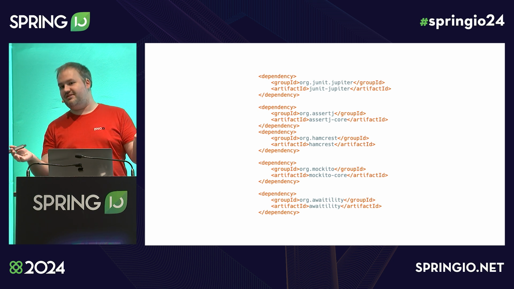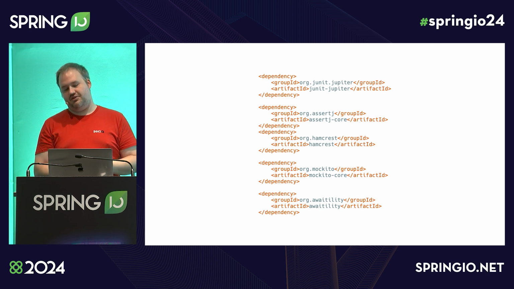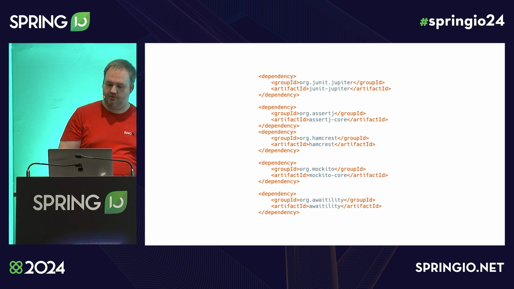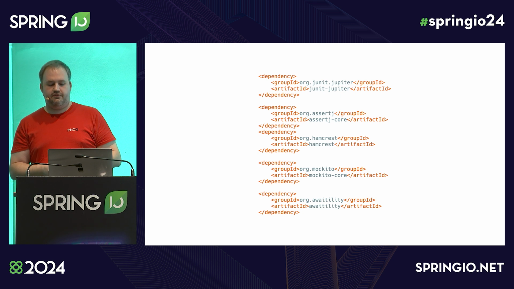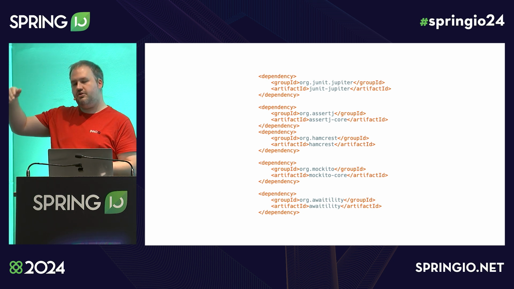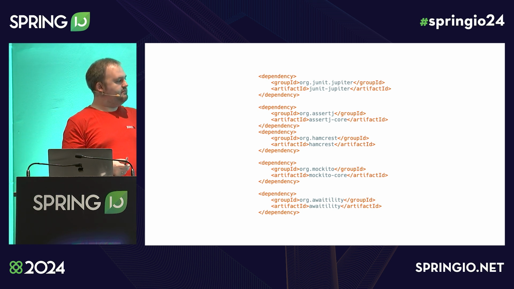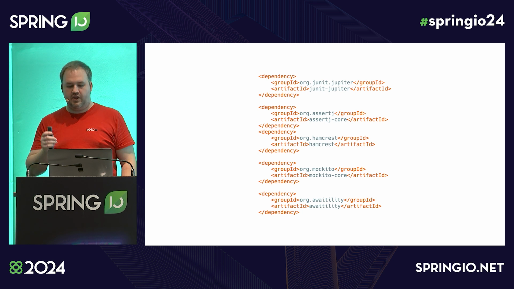We could discuss more how to mock or not to mock, but that's not a topic for today. You can use Mockito for that. And if you have some concurrent code where your test does not know when the concurrent code has run, you can use Awaitility. Did I pronounce it correctly? Yes. Okay.